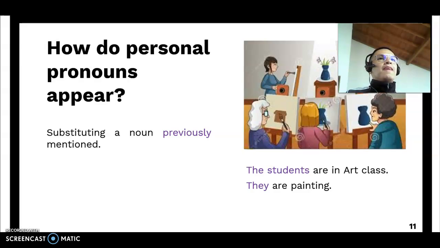This is another example. The students are in art class, so they are painting. It's not necessary to say the students again, because it's a little bit redundant. In this case, we can replace the students with they.